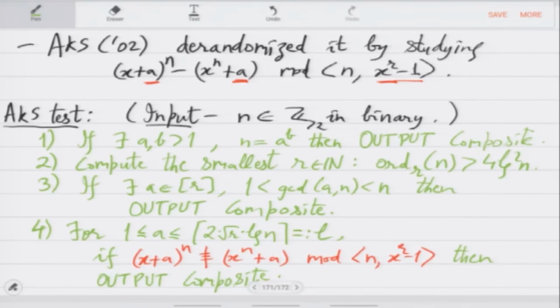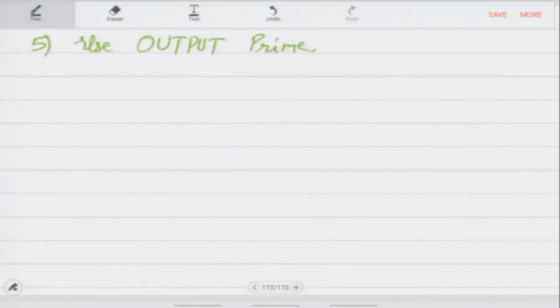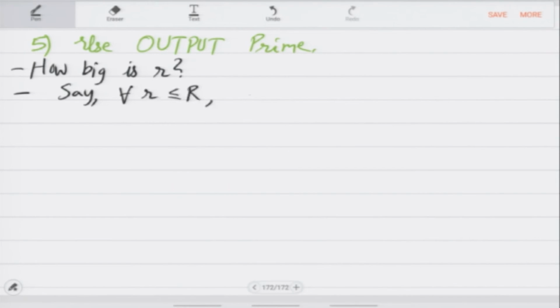How big is r? Let us first estimate that. Say for all r less than or equal to big R, the order of n mod r is at most 4 log^2 n. It never exceeded 4 log^2 n.